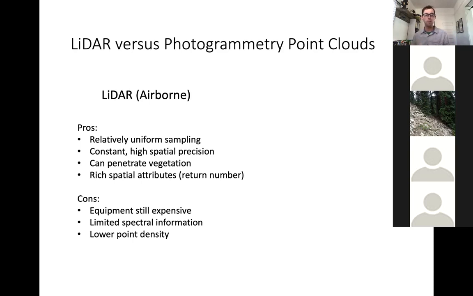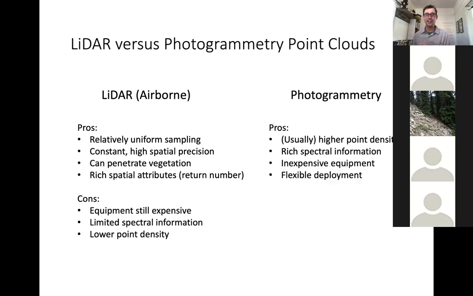And you put all that stuff together, and LiDAR tends to have a lower density of spatial points than photogrammetry does. I'll preface that by saying that's airborne LiDAR. There are also terrestrial laser scanners that can produce very, very dense point clouds. But those are typically only used for relatively small areas, whereas airborne LiDAR can scan very, very large landscapes.